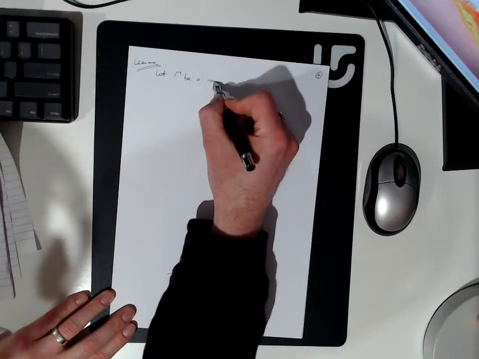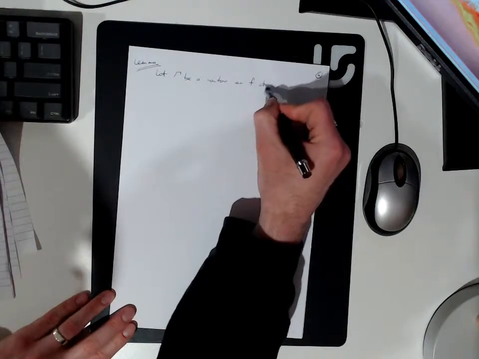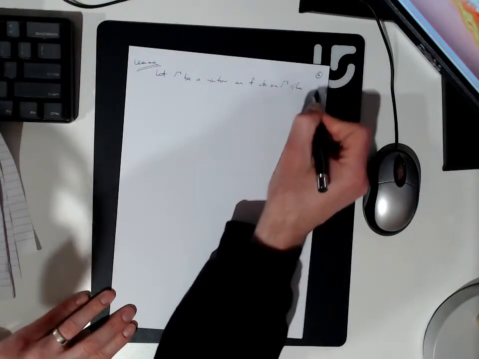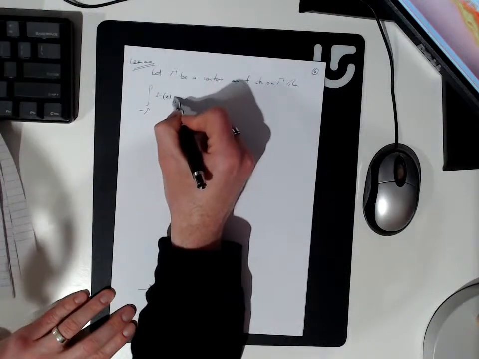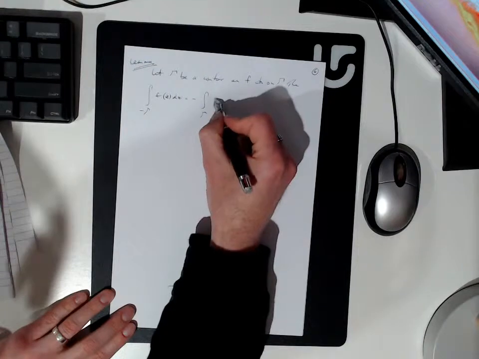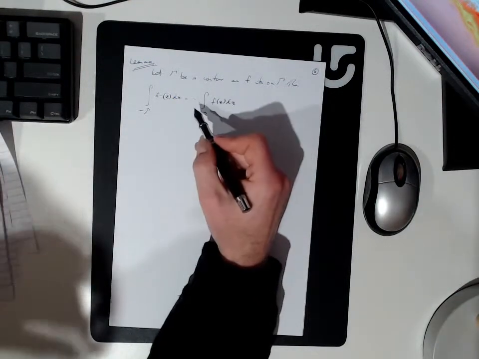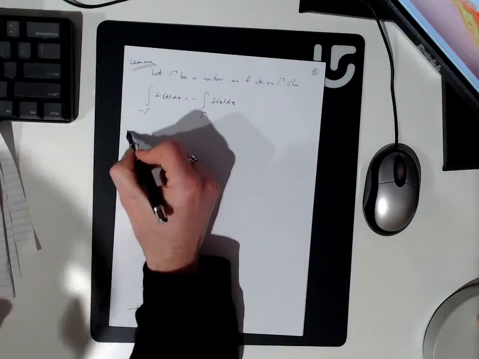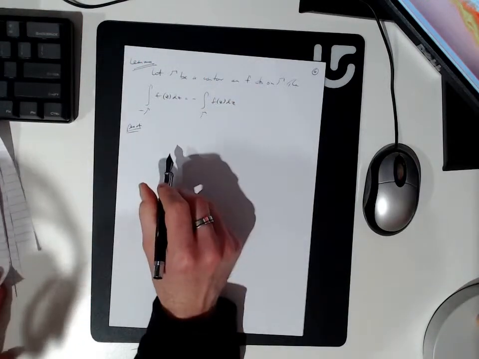So let gamma be a contour, and f continuous on gamma, then the integral over minus gamma of f of z dz is going to be equal to minus the integral over gamma of f of z dz. So in other words, traveling backwards along the curve changes the sign of the integral, and the proof is pretty easy. It's an exercise in the change of coordinates.